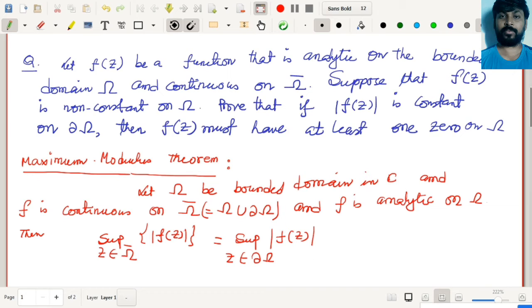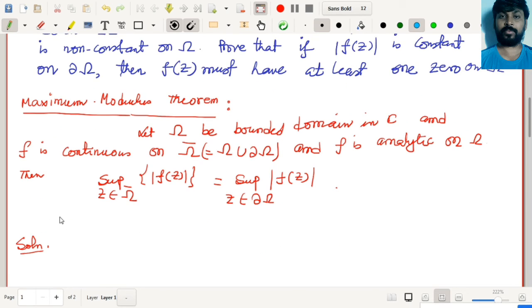So this is the maximum modulus theorem. It states that if f is analytic on a bounded domain omega and continuous on omega bar, then the supremum of modulus of f(z) on whole omega bar is the same as the supremum of mod f(z) on the boundary.